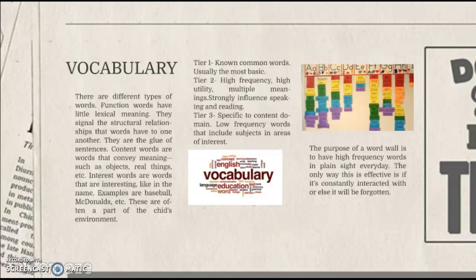The only way this is effective is if it's constantly interacted with, or else it will be forgotten. I had a fourth grade classroom this semester, as I said, and it was interesting to see the lower socioeconomic students were more tier one, and the students that came from a higher income used more specific words.